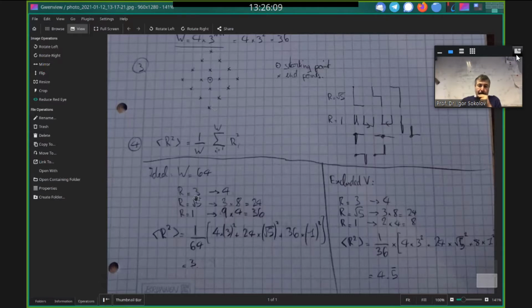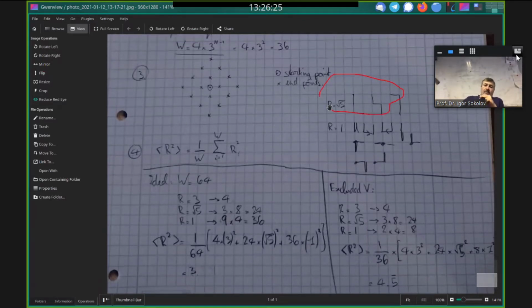So for r equals 3, I worked out there's only 4 ways to get to these end points. For r equals root 5, there are 20. There's 3 different ways per point, which you can see here, to reach that point. And then for r equals 1, there are 9 different ways, which I've drawn vaguely here.